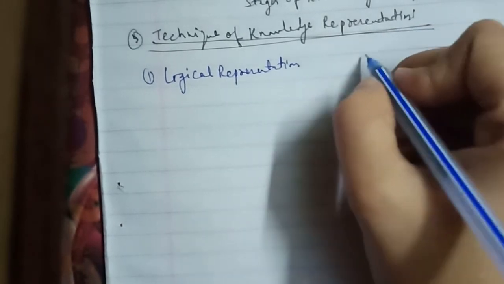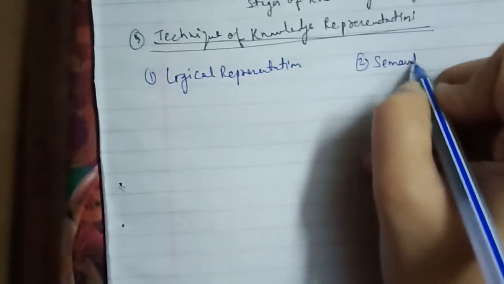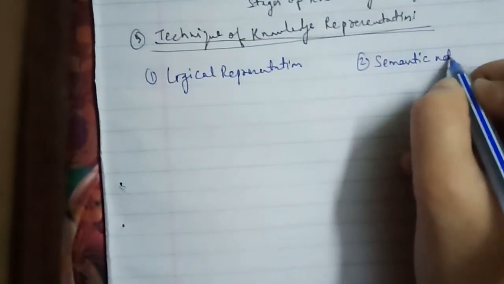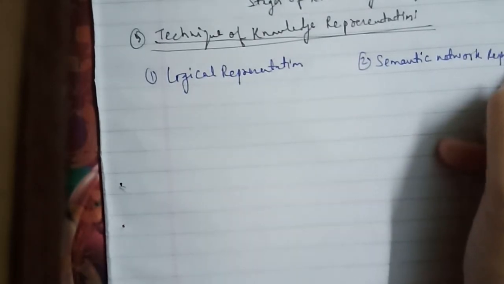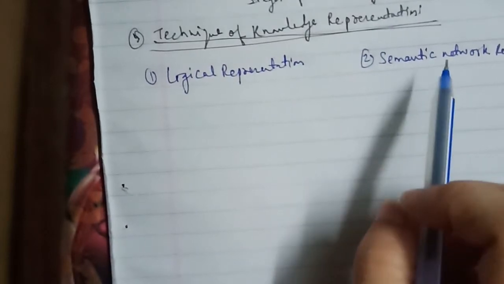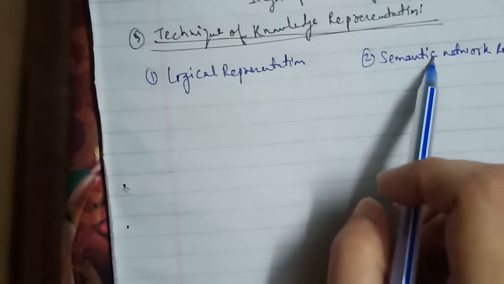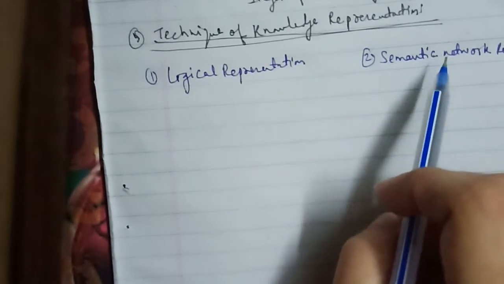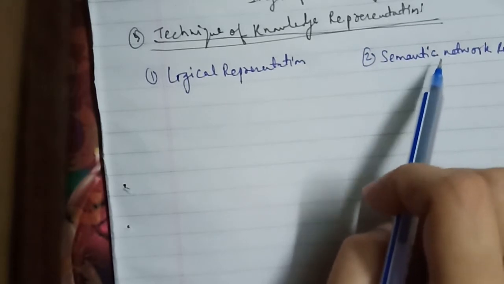The second we have here is semantic network representation. In the semantic network representation, semantic networks are an alternative to predicate logic for knowledge representation, and with the semantic network we can represent our knowledge in the form of a graphical network.